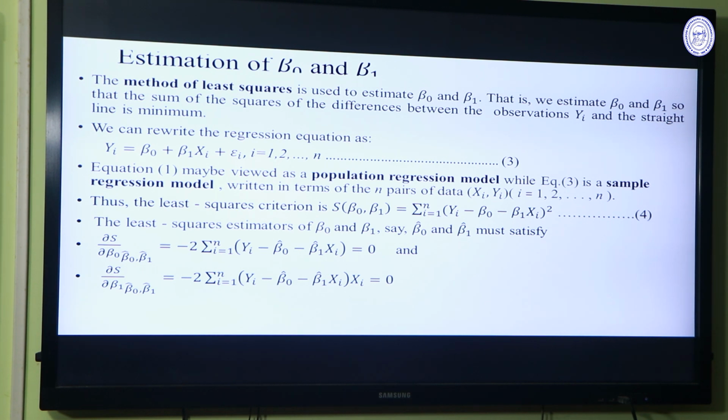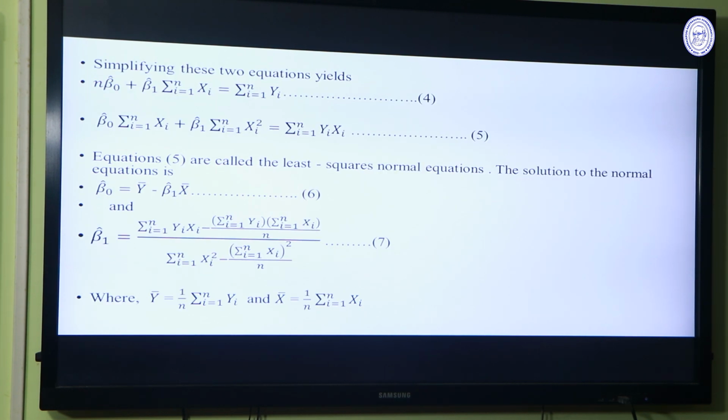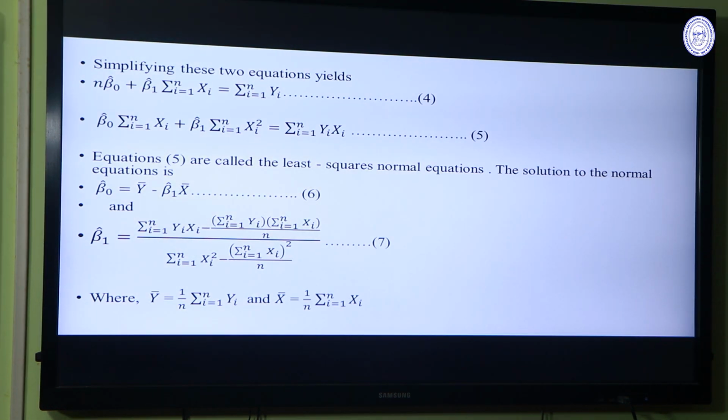We can use the normal equations to solve them, and after solving them we get the values of the sample estimates. That is, these are the least square estimates of beta 0 and beta 1. We assume the least square estimate of beta 0 is beta 0 hat and the least square estimate of beta 1 is beta 1 hat.